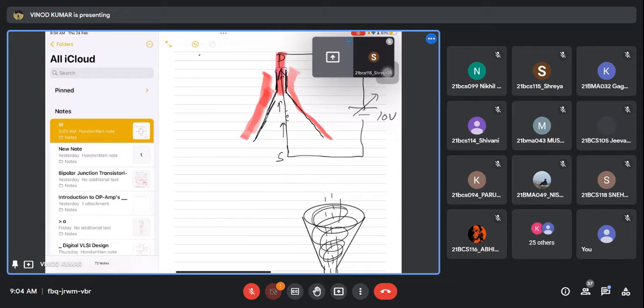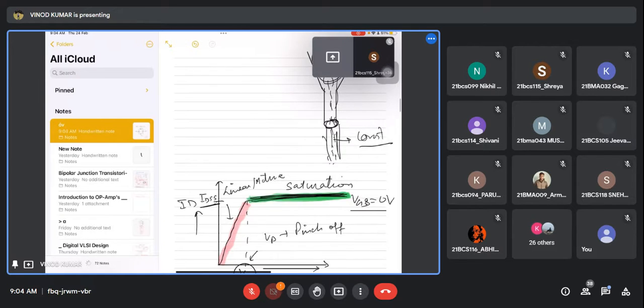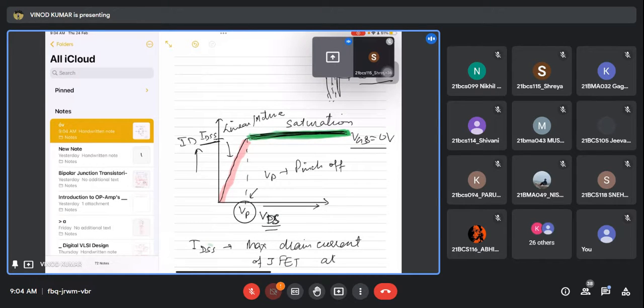So funnel type बन जाएगी ऐसे. Fine. So this is how it is going to move. This region of operation is, we know, ohmic region or linear or active. Okay, because this is going to increase proportionally up to this point, and beyond this point it is saturation.